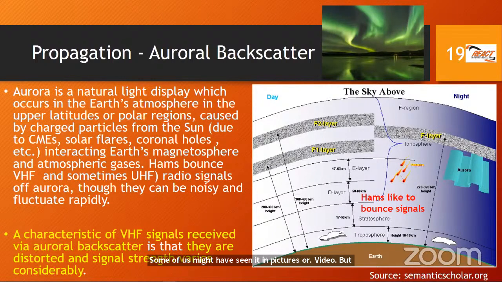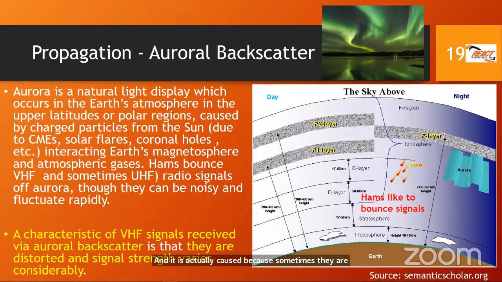But aurora, what it really is, is a phenomenon where there's a display of light that occurs in the sky, and it usually occurs in the upper latitudes or towards the polar regions of the Earth. And it happens both on the south and north poles. And it is actually caused because sometimes there are charged particles that leave the sun and arrive at Earth.